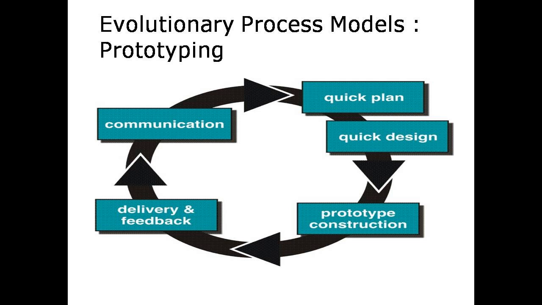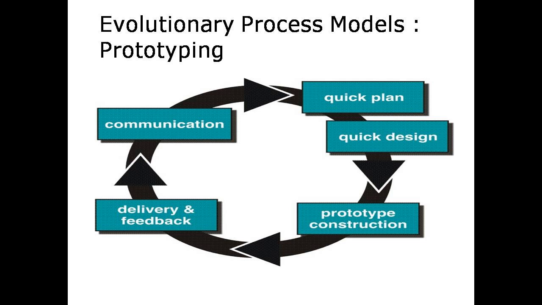This figure represents the evolutionary process model. Here, listening to the customer is the activity required during communication. Then quick plan and quick design, that is building or revising the mock-up, is the activity performed for quick plan and quick design.